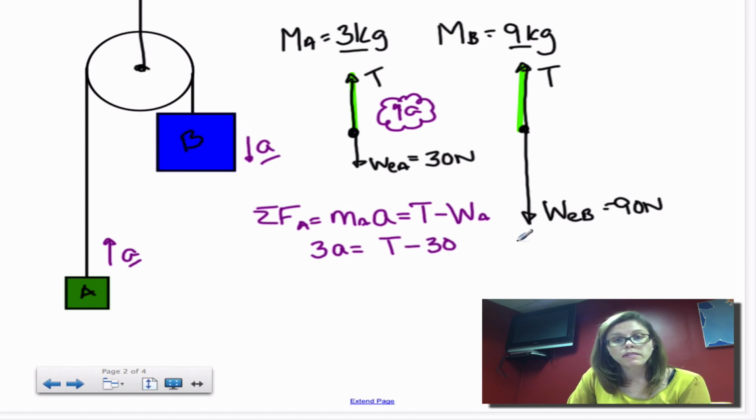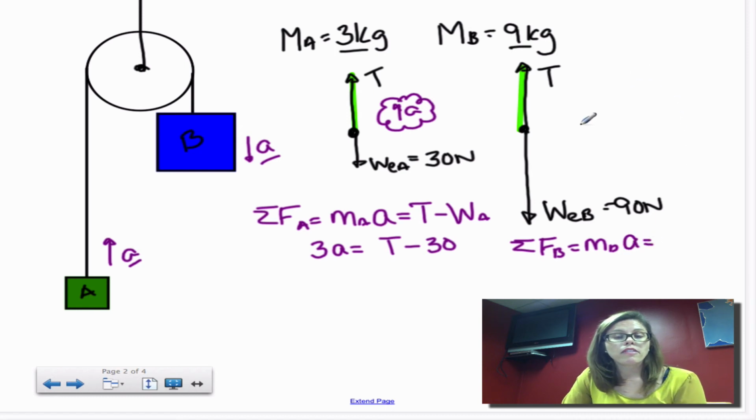So let's do it for B. Sum of the forces for B is equal to the mass of B times the acceleration. And for this guy, the acceleration of B is down. So I will bubble that because it's not a force, but it's good to remind us.